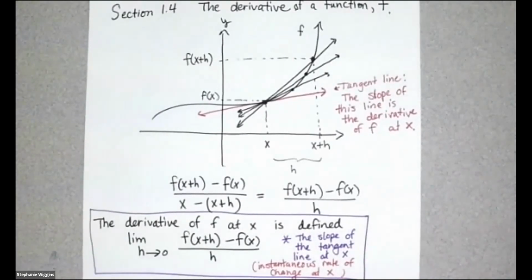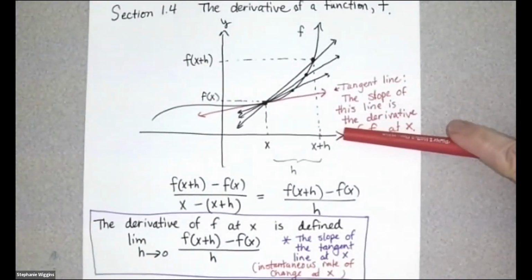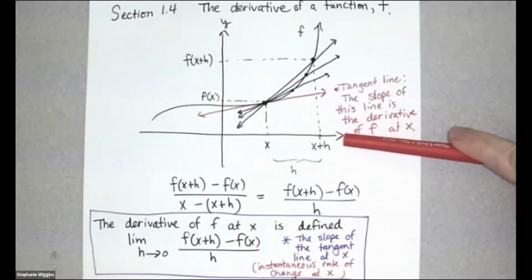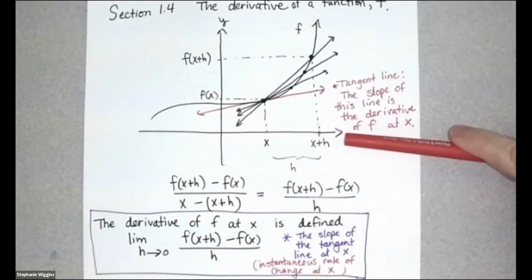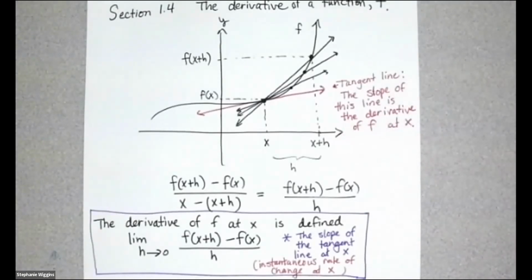Instantaneous means at a single point, at an instant. Often this horizontal axis is the time, since in the real world it often represents time. Okay, any questions so far?